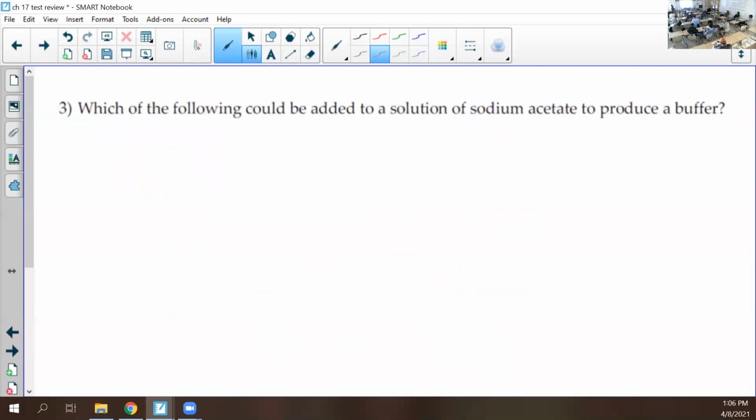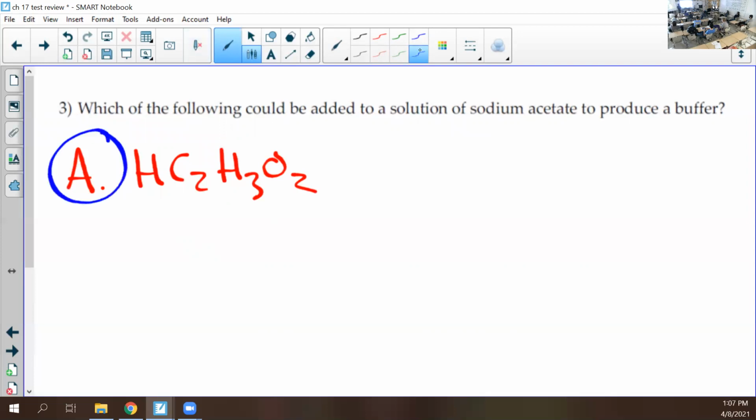Which of the following could be added to a solution of sodium acetate to produce a buffer? You're going to get this one super wrong. Because A is going to say HC2H3O2, and you're going to be like, the easiest class ever. It's A, but no, it could be B. It could say HCl.